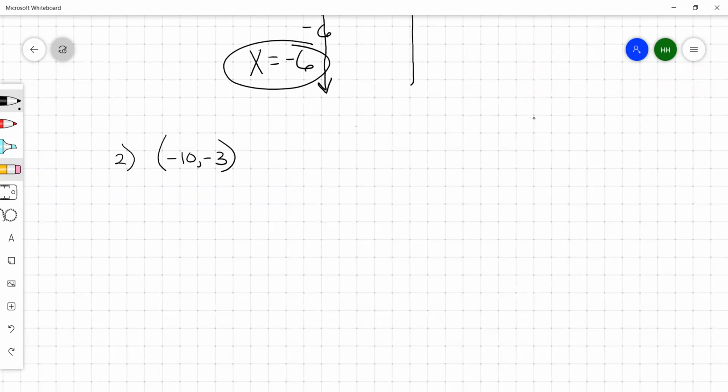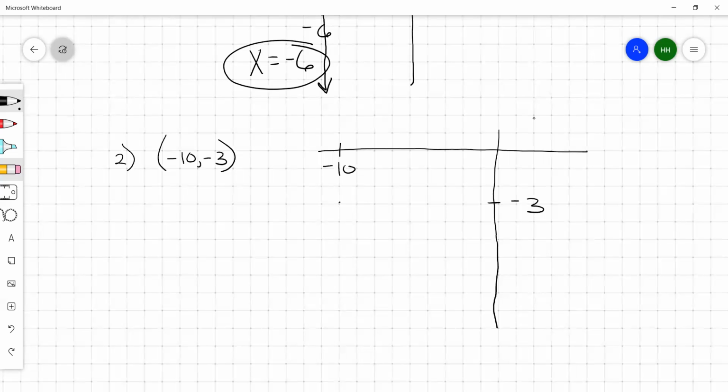Well, again, if you have a coordinate plane, and it's got the point -10, -3 right here. Horizontal line. So here's a horizontal line that goes through the point -10, -3. And its equation would be y equals -3.